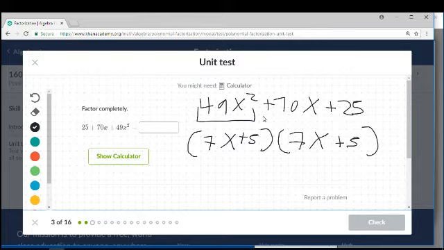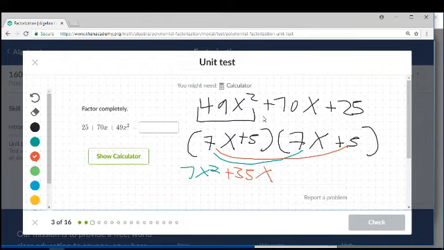Well, 7x times 7x, that's 49x squared. And then 7x times 5 is going to be plus 35x. 5 times 7x is going to be plus 35x. And then 5 times 5 is going to be 25.